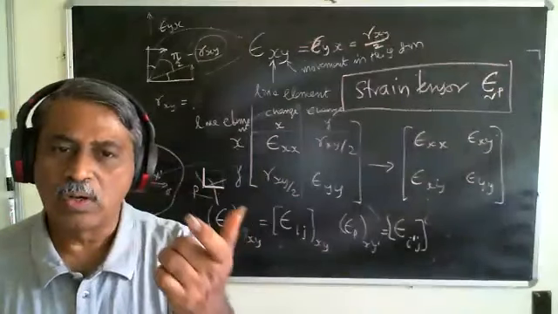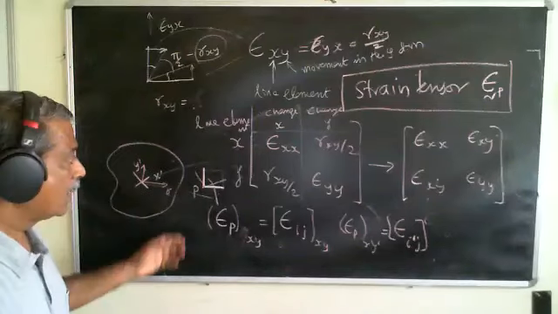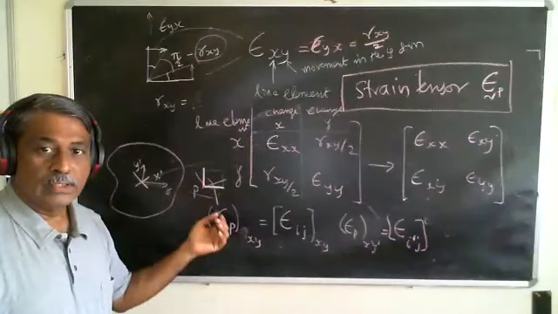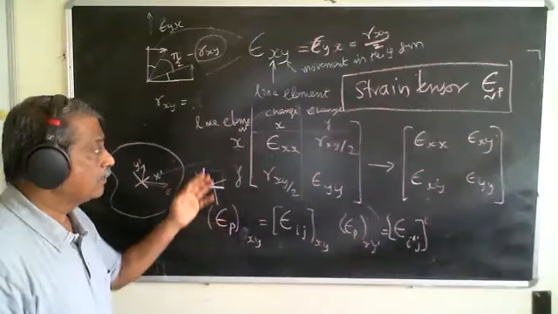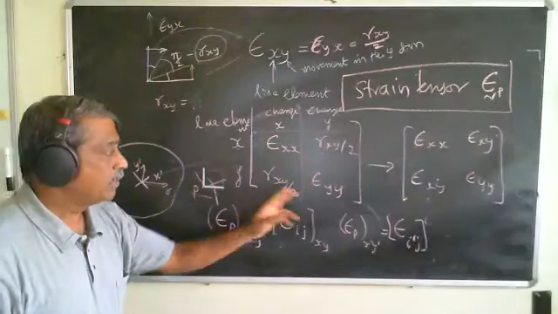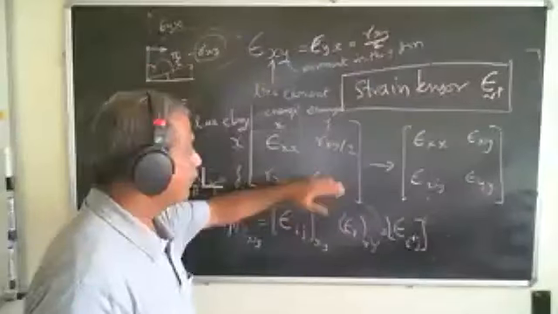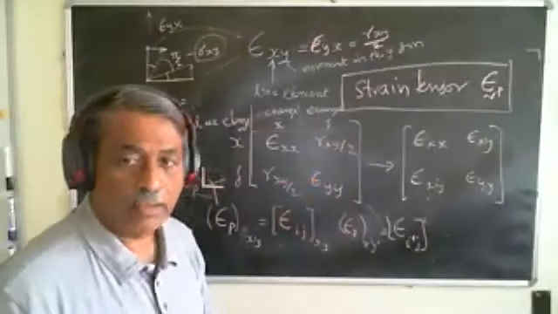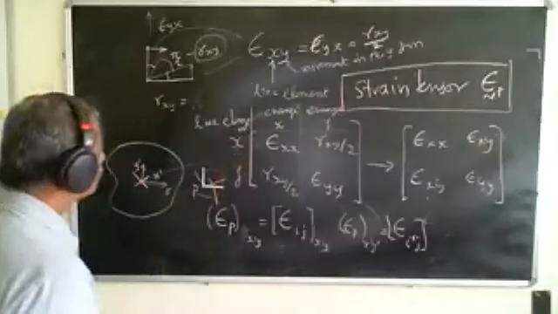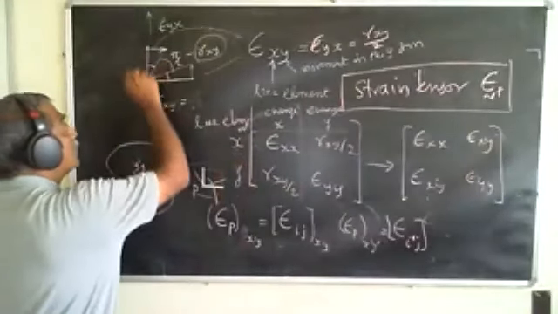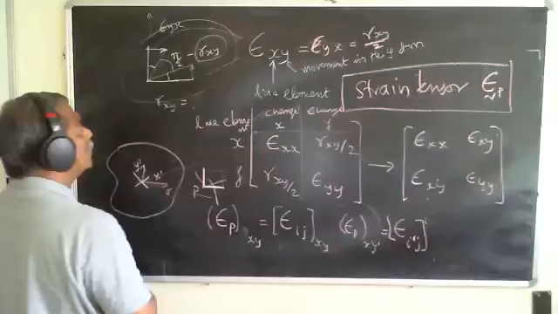These are small line elements that we take and find out how they change in their length, based on which we find out the strains epsilon XX, epsilon YY, and gamma XY, right? Gamma XY is nothing but the change in the angle as given over here, right?